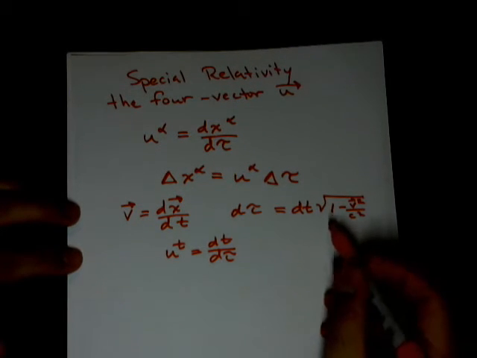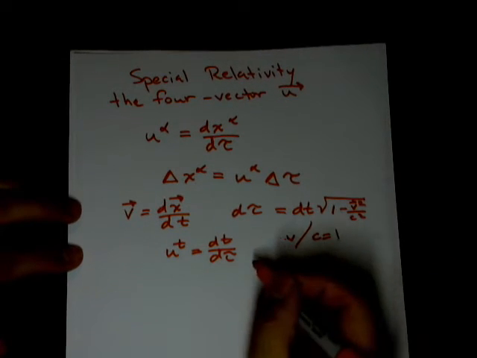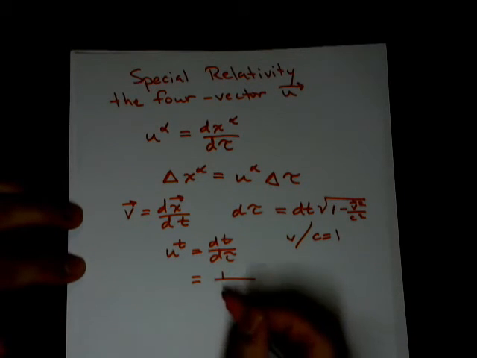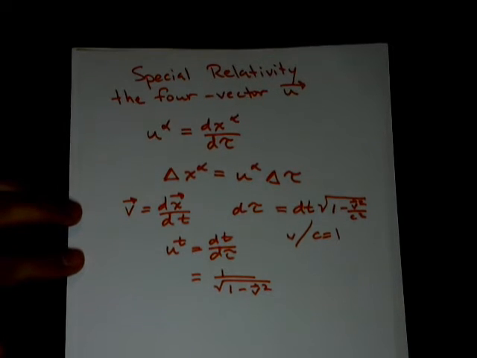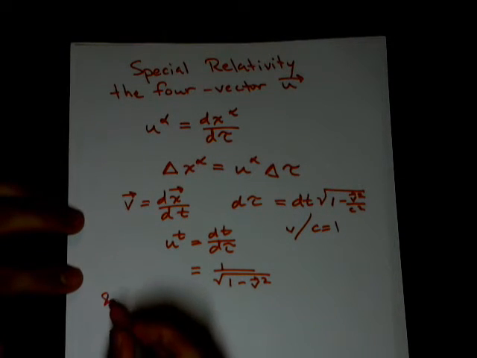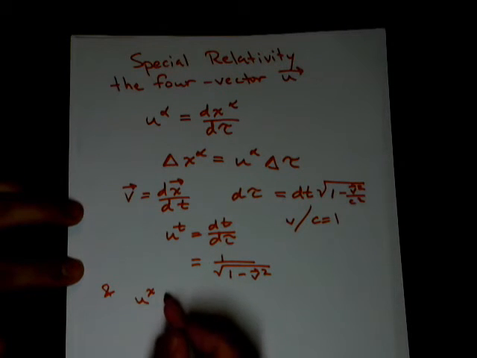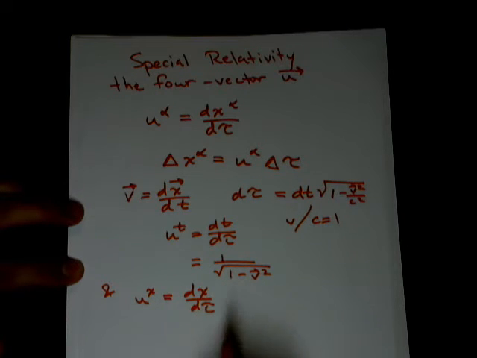And here we're setting the speed of light equal to 1. So we get 1 over the square root of 1 minus v squared. And for example, our x component of our 4 velocity is dx d tau. And from the chain rule, our x is a function of time and our time is a function of proper time.